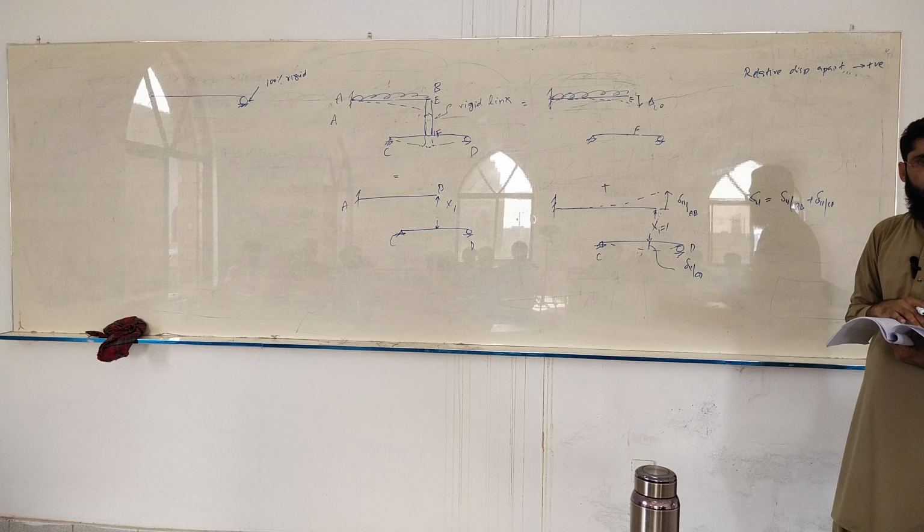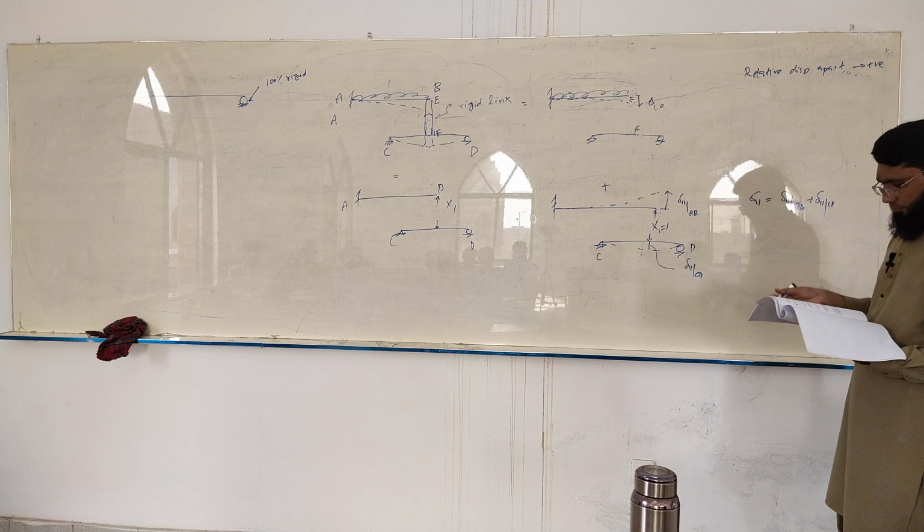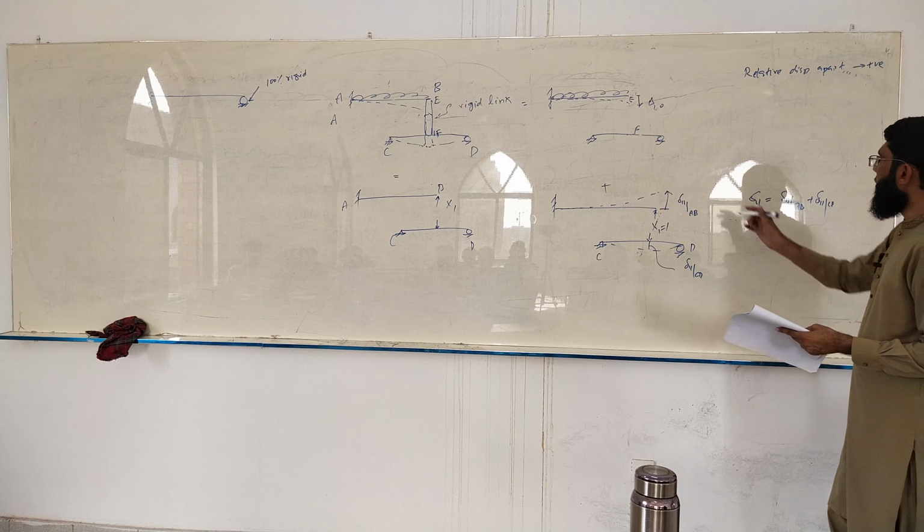Okay, clear? And you know this delta 1 naught would be equal to W L raised to power 4 by 8 EI. This is relative displacement together, and this is relative displacement apart. If you treat this as positive, then this is positive and this is negative.